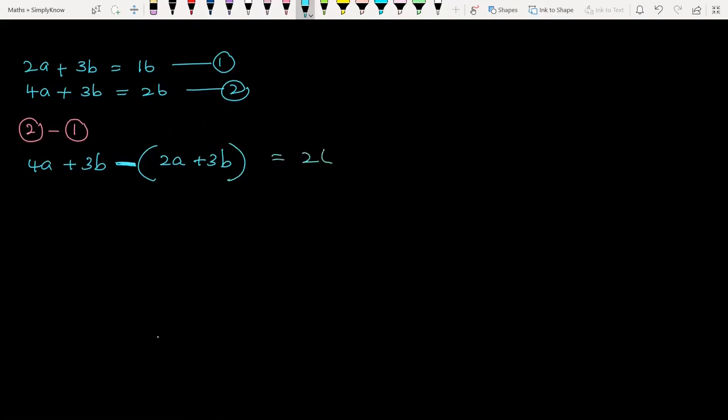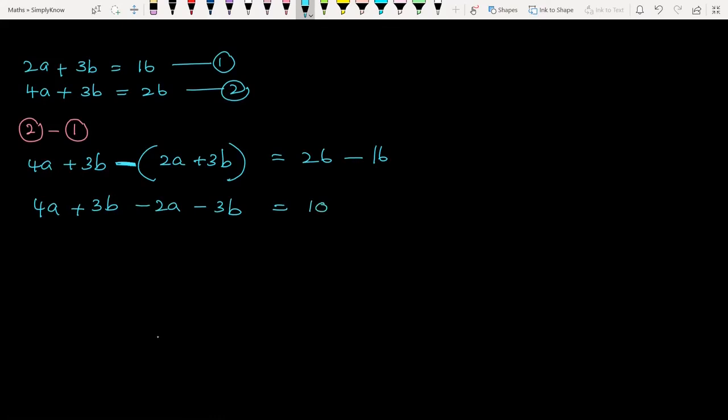And from 26, we need to deduct 16. Right, now in the next step, we need to remove the brackets because when we remove the brackets, the signs will be changed. Minus times 2a is minus 2a, minus times plus 3b is minus 3b, equals 26 minus 16 is 10.